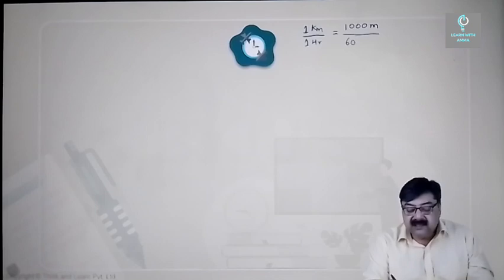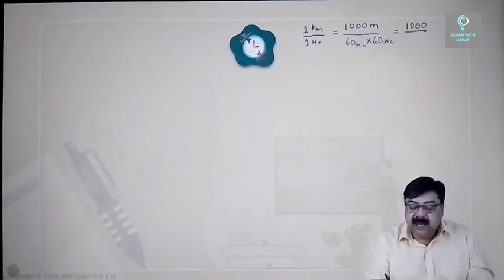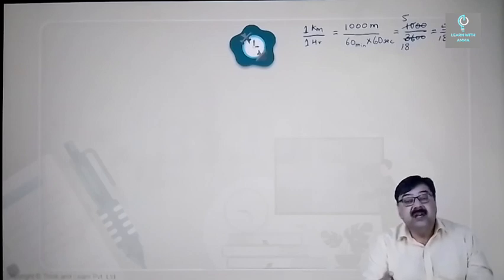So hence 60 minutes into 60 seconds. So this becomes 1000 by 3600. When you cancel these, you get 5 by 18 meters per second. So 1 kilometer per hour is 5 by 18 meters per second.